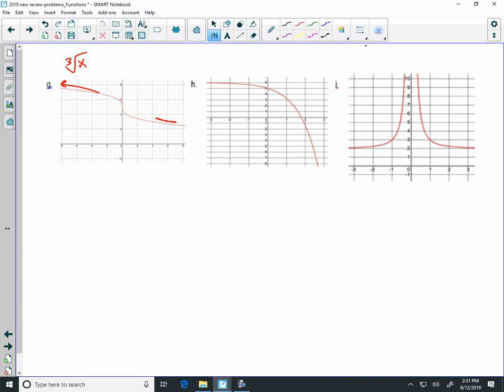And as x gets bigger, y is getting smaller. This is a reflected cube root. So the end behavior is backwards from the parent function. It's a decreasing function. As x approaches negative infinity, y approaches infinity. And as x approaches positive infinity, y approaches negative infinity.